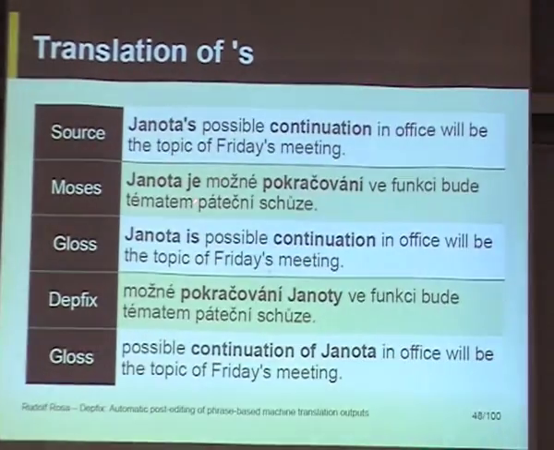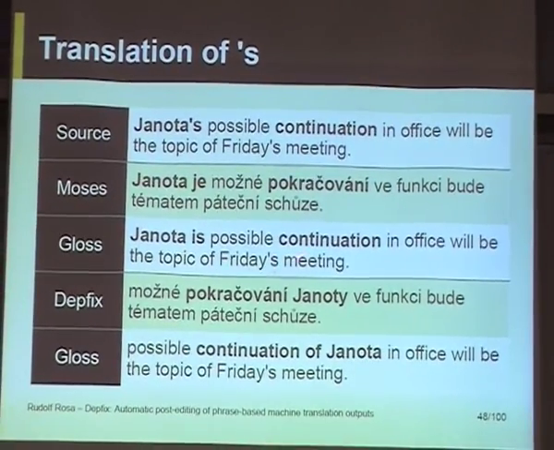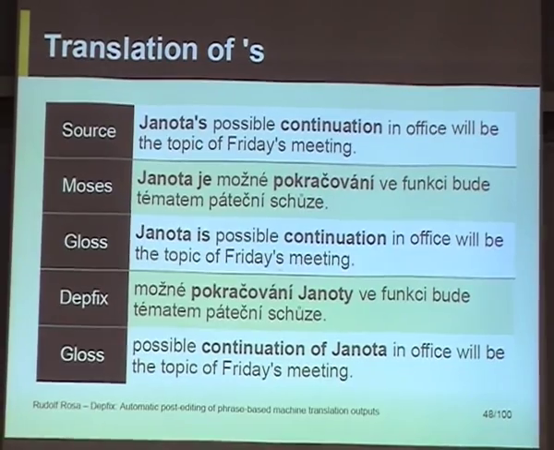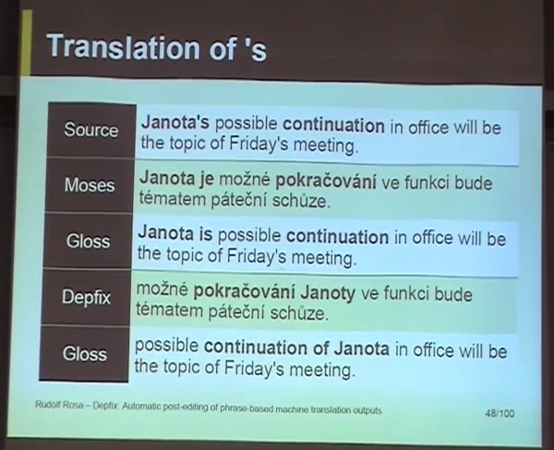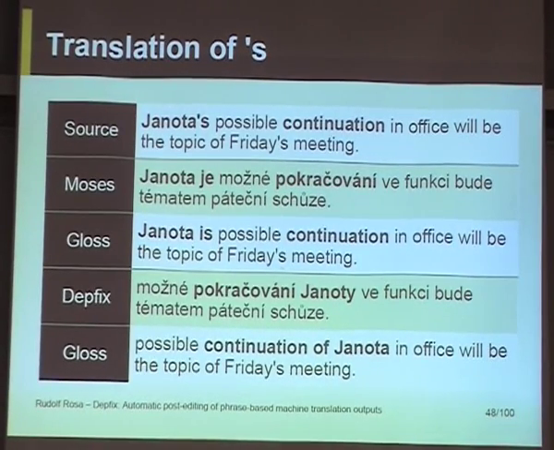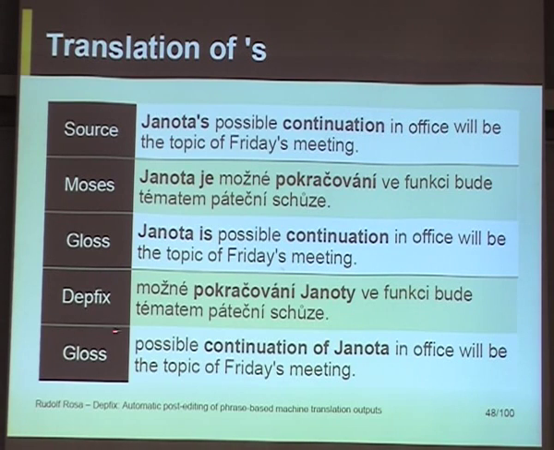So in this case, we can see that "Janota's possible continuation" should be a possessive, but it got translated as if it were "Janota is possible continuation", which is not correct. Luckily, we have the analysis of the English source sentence, where we get the English tag, which is POS. It means possessive, so it's very easy. We just delete the verb, because it shouldn't be there at all.